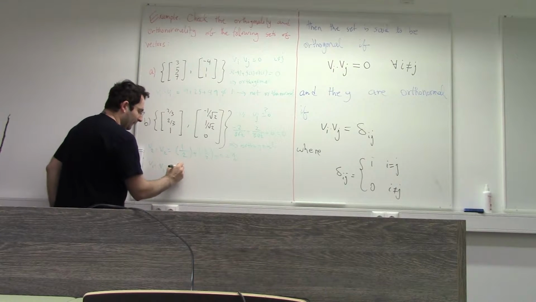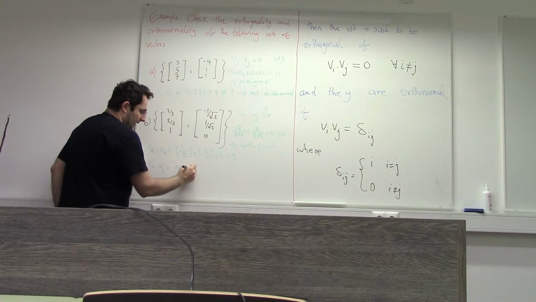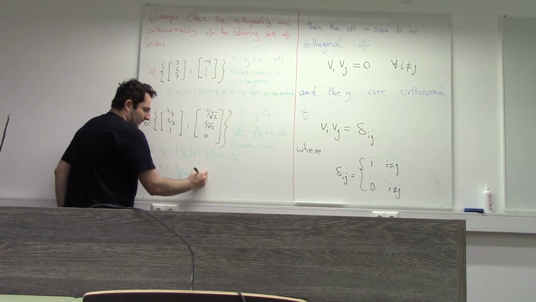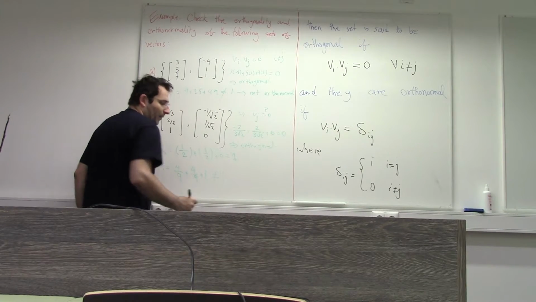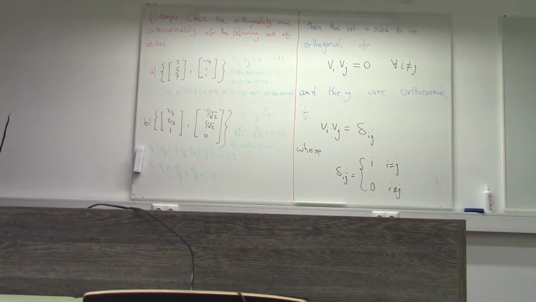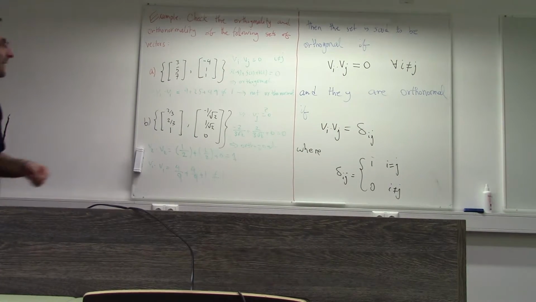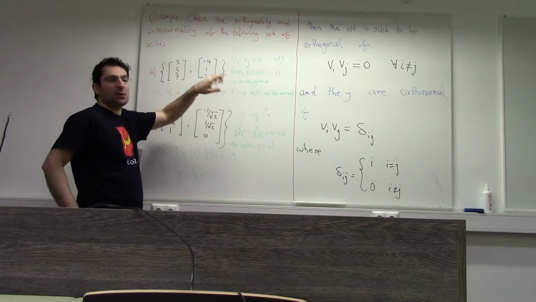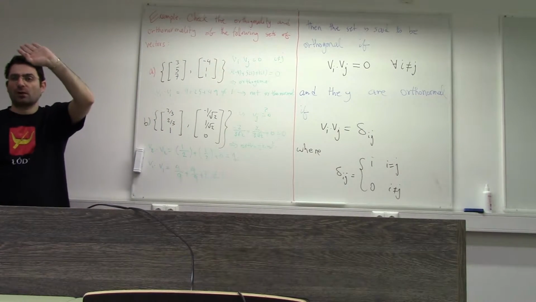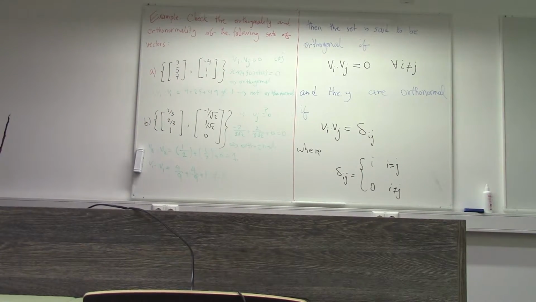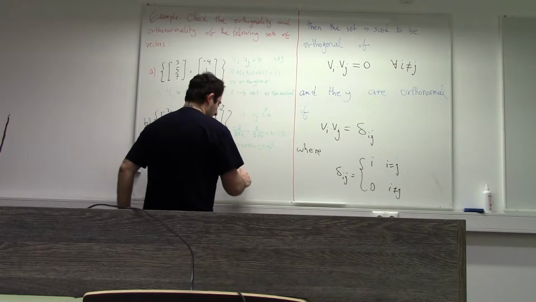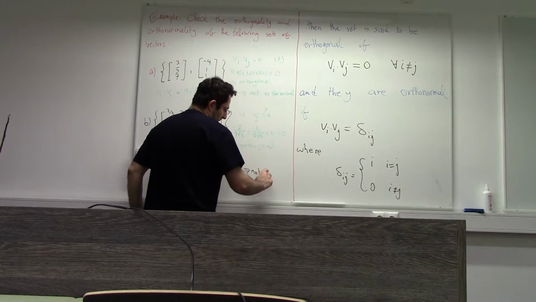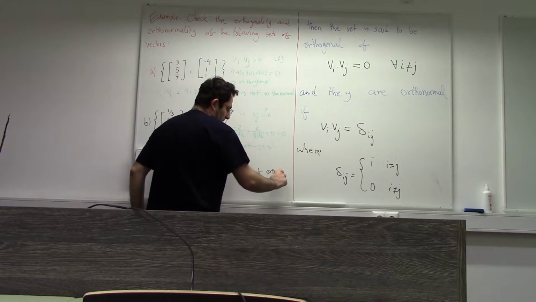It will be 4 over 9 plus 4 over 9 plus 1, which is definitely not 1. Remember, if you find one example which is not equal to 1, it's enough to say not orthonormal. But if you find one of the examples which is 1, it is not enough. You have to check for all. So it's not orthonormal.